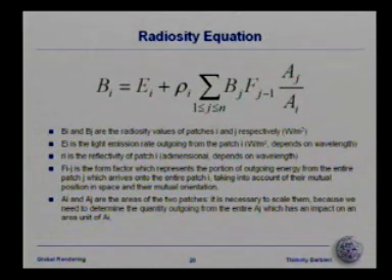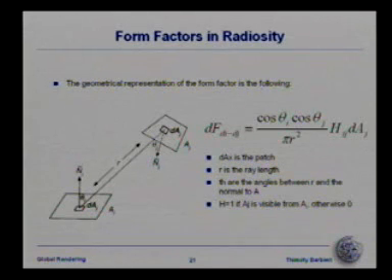But for example, that other patch over there will have an influence, because I can make a coupling between that patch and this patch, but the form factor is completely different, because I don't have a face-to-face situation, but an inclined geometry. So the influence of the radiosity outcoming from that other patch is much less than the influence of this patch over here. This is called the form factor. We will see it.